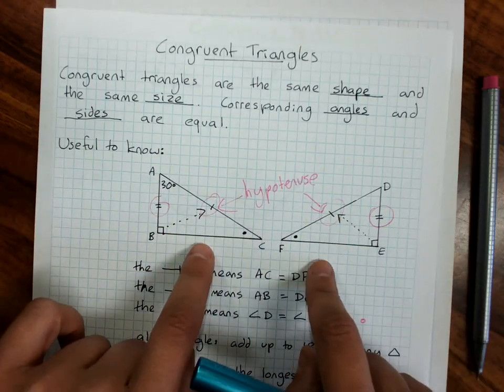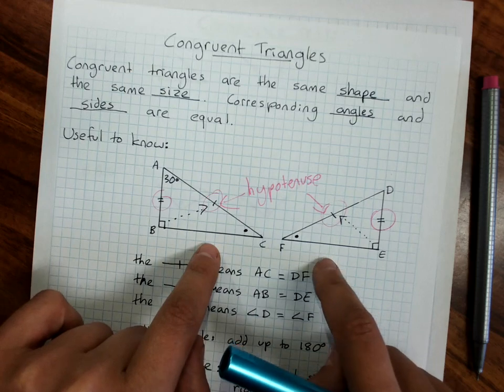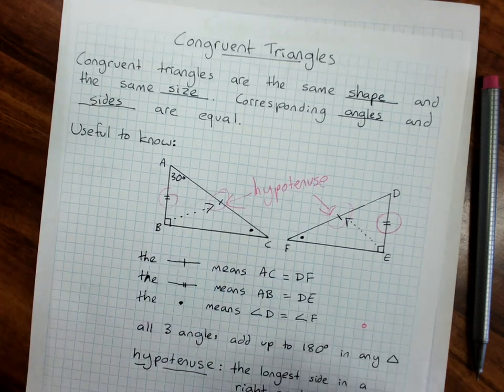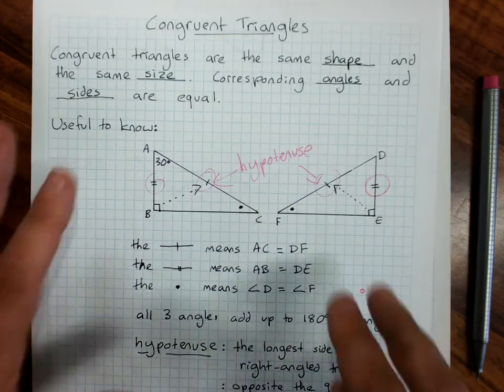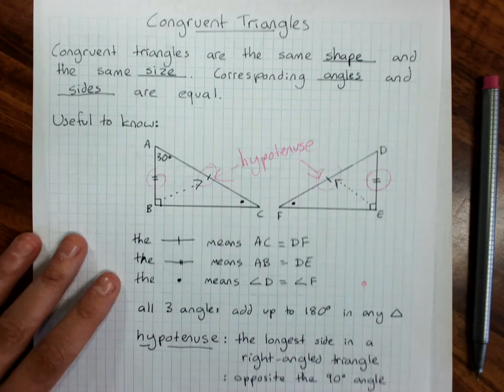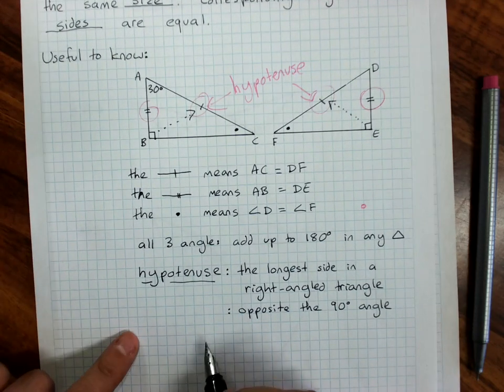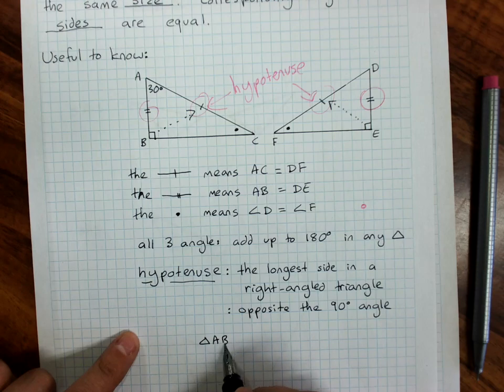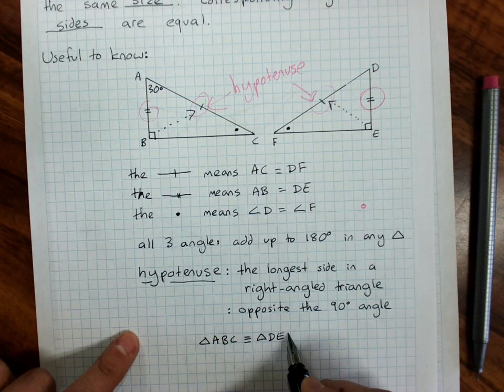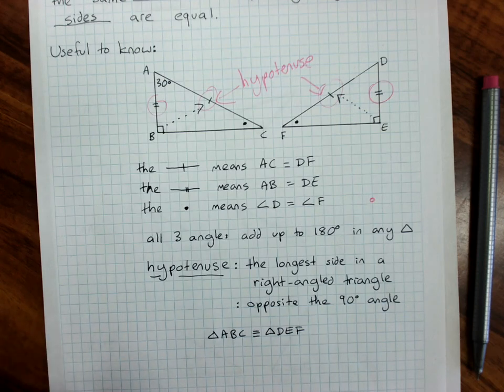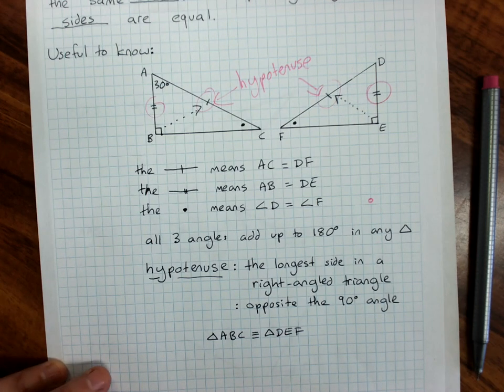I don't know about that one last third side, but that's actually enough information to say that they're congruent. That triangle ABC is congruent to triangle DEF. Remember, is congruent to, like an equal sign with an extra line.